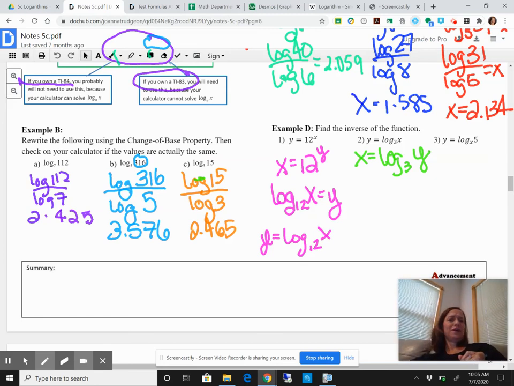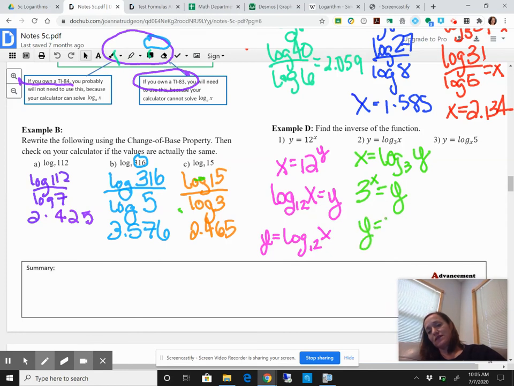Now y is not where I want it to be. I'll change it to an exponential to see if x is in a better spot. I start with the base, 3, 3 to the x equals, and then I'll have y. Now y is by itself, so I might rewrite it with y first: y equals 3 to the x.